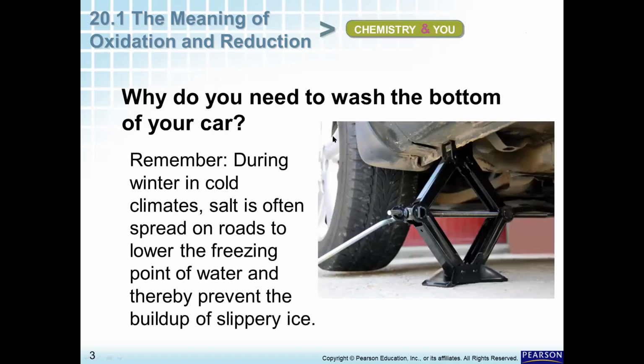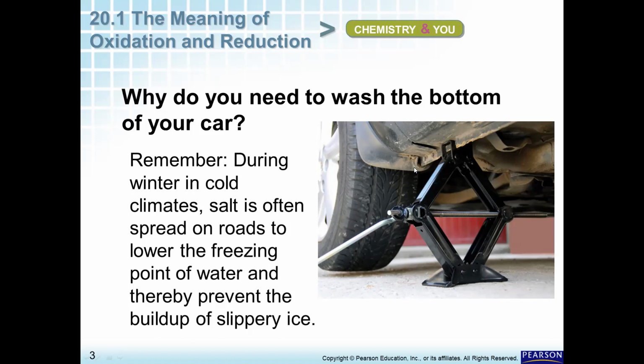Okay, this is a good question here, and it applies to other countries, not here, because we don't have snow. Why do you need to wash the bottom of your car? I mean, we do wash it here, but we wash it from sand. But in cold winter climates, usually you have to wash it in order to remove the salts that are stuck in the bottom. These salts come from the roads, because during the snow season they put a lot of salt there, based on the hot pack that we talked about last time.